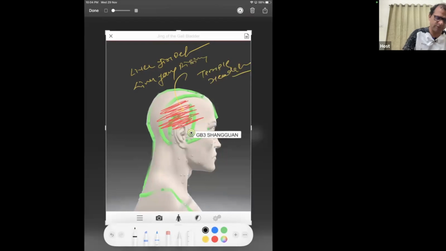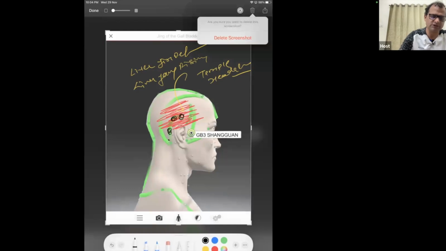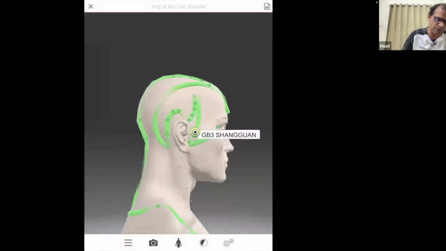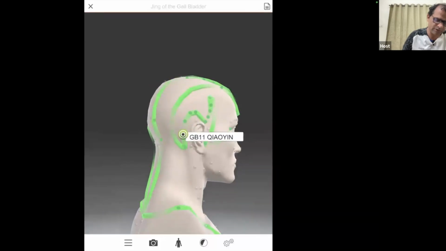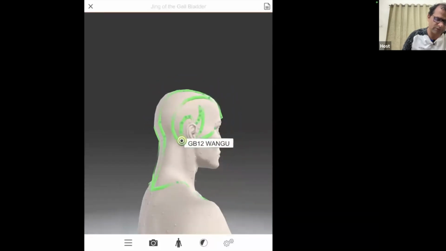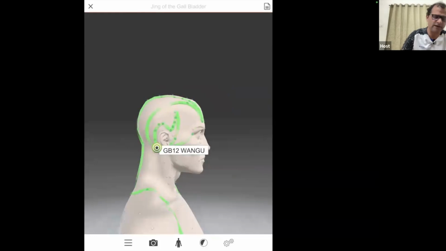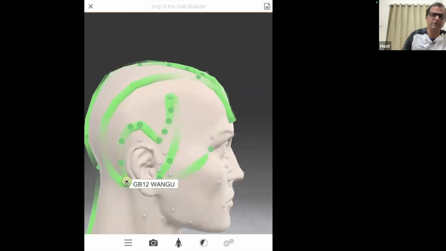So we have to use multiple points here. All the points of the gallbladder meridian we can use here. We can see this is the gallbladder meridian. So we can use gallbladder 8, gallbladder 9, gallbladder 10, gallbladder 11, gallbladder 12, multiple local points around the ear. हम कान के आसपास पाए जाने वाले multiple point को use कर सकते हैं.